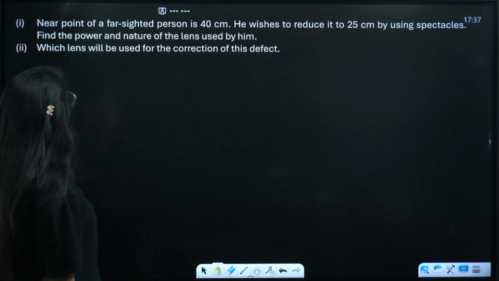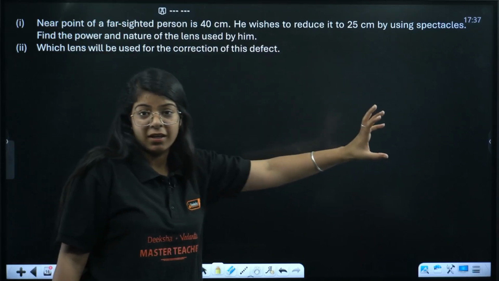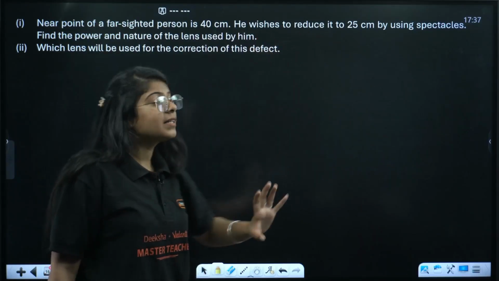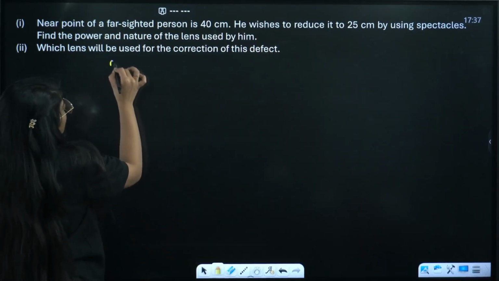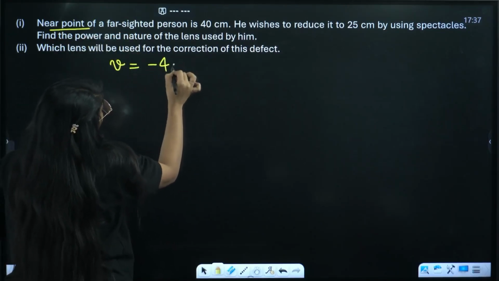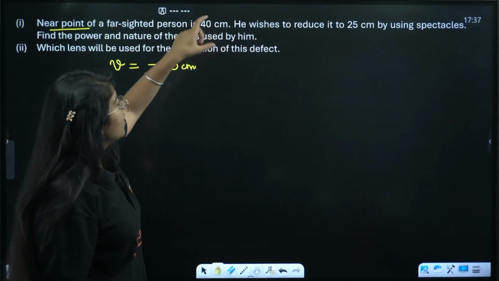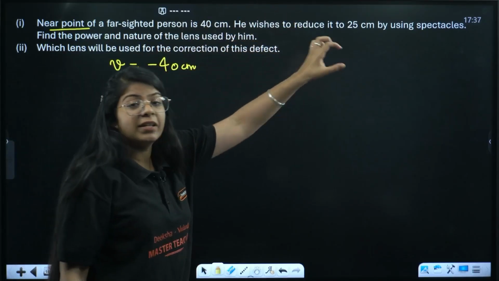Okay, moving on, we have the near point of a far-sighted person. Near point of a far-sighted person is 40 centimeter. So again, whenever the near point is given, that is my V, also in negative. So V is minus 40 centimeter. He wishes to reduce it to 25 centimeter.